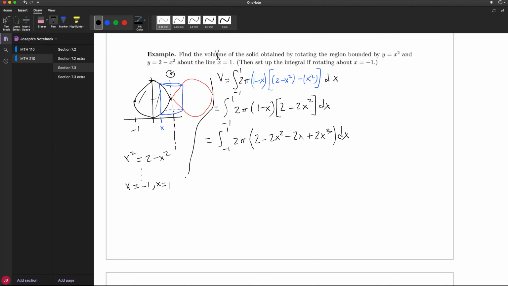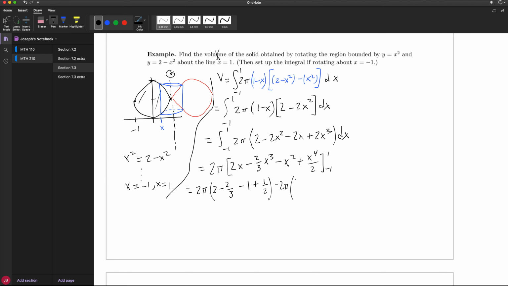So antiderivative is 2 pi out front. We get 2x minus 2 over 3 x cubed minus x squared plus x to the 4 over 2. And plug in 1, we get 2 minus 2/3 minus 1 plus 1/2.